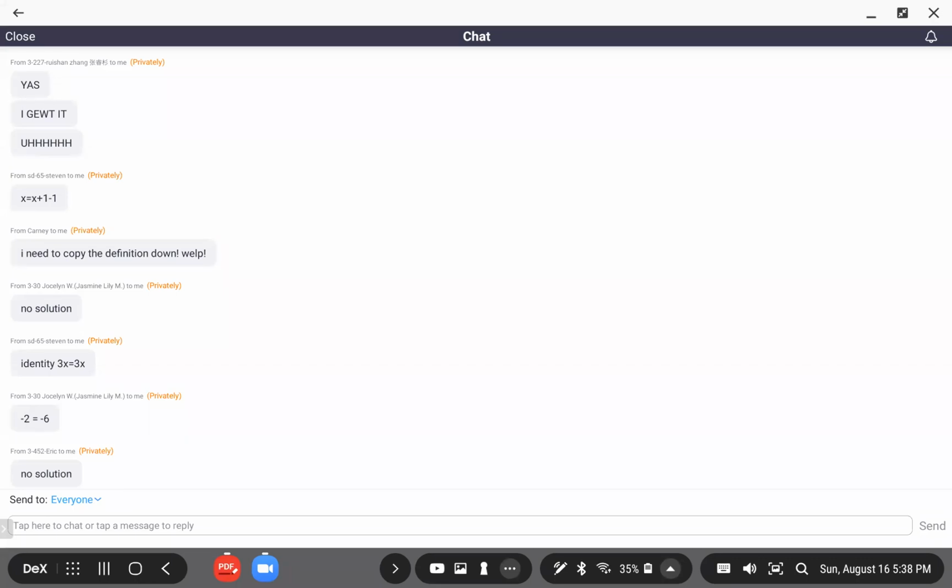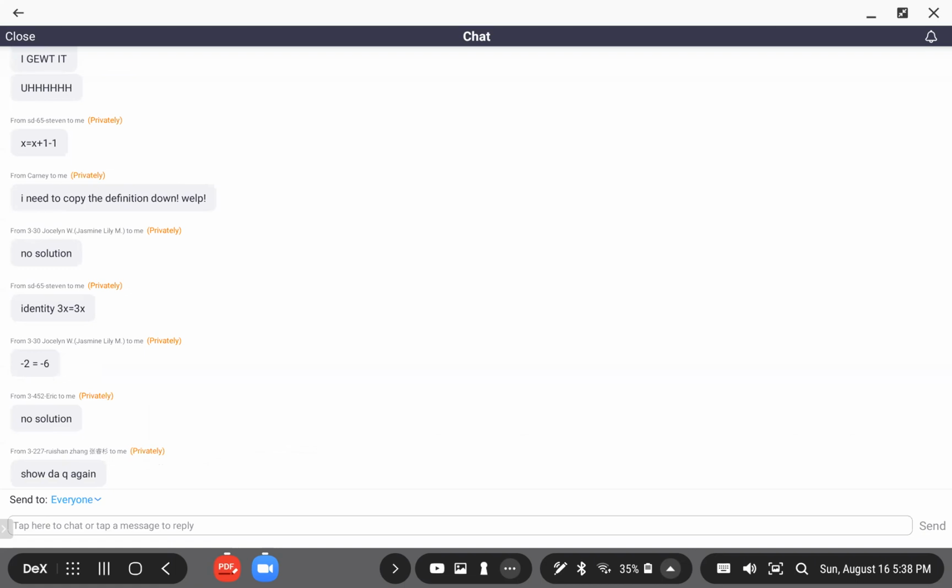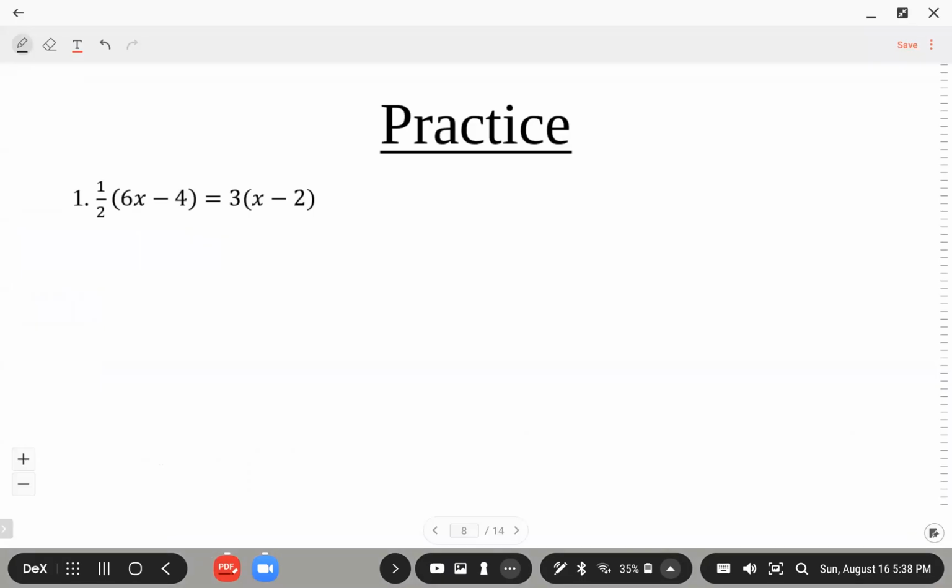Okay. Jocelyn says no solution. Steven says identity. Jocelyn says -2 equals -6. Eric says no solution. Okay. So let's wait for some other students to answer the question.